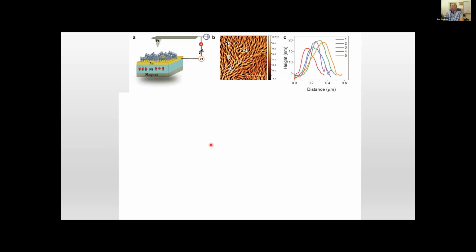Okay, so what we observe: we make these wires, we put them on the surface of the same type of AFM I mentioned before. So we have this wire lying on the surface here. And now we come with the tip of the AFM and we measure, first of all, the thickness of the wire.